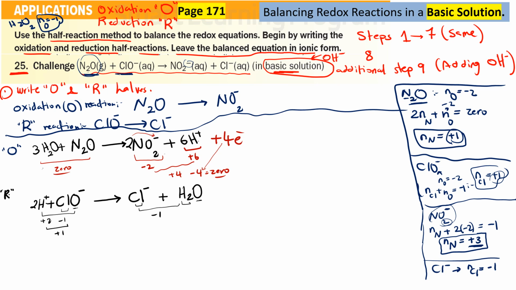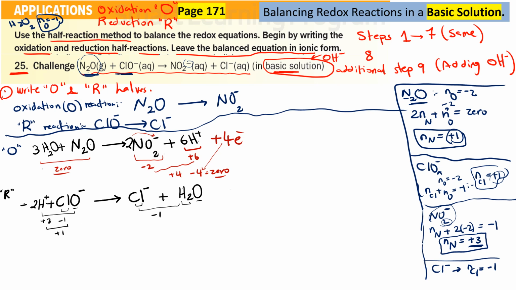This is reduction. So when I add electrons, it has to be on the reactant side. So how can I make plus 1 equal to minus 1? Of course I can't add electrons to the product side, because if I add an electron it would become minus 2. No, I need to reduce the charge. I need to make the charges equal to the smallest charge. What's the smallest charge here? It's minus 1. And here I have plus 1.